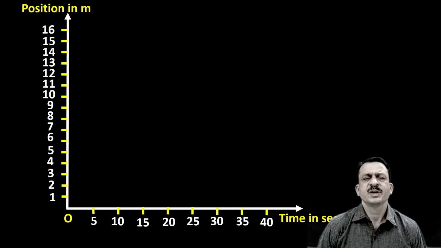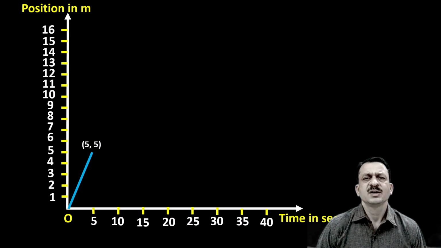So for the first 5 meters or 5 steps he is taking 5 seconds. Therefore we get a straight line here. That blue color line is representing the first 5 steps. In the coordinates, the x coordinate is time and the y coordinate is position. Therefore after 5 seconds he has traveled a distance of 5 meters.